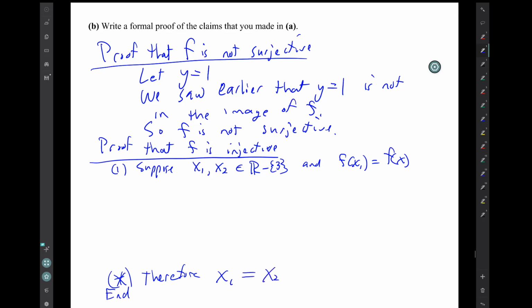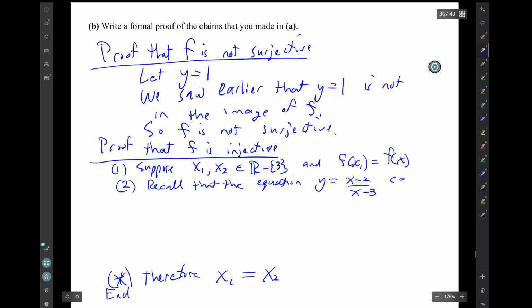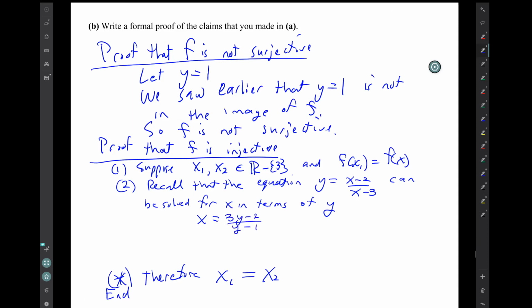Well, how do we do that? Well, let's consider the equation. So the original equation for the function, y equals (x minus 2) over (x minus 3), can be solved for x in terms of y. So if we know the value of y, we can find out the value of x.